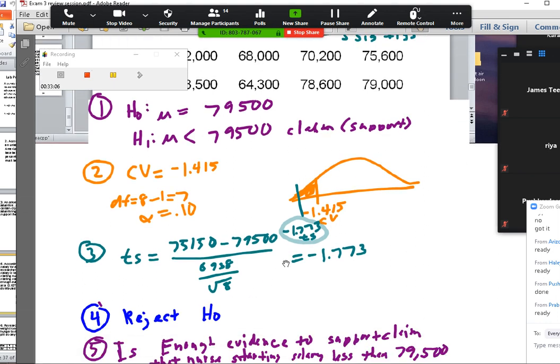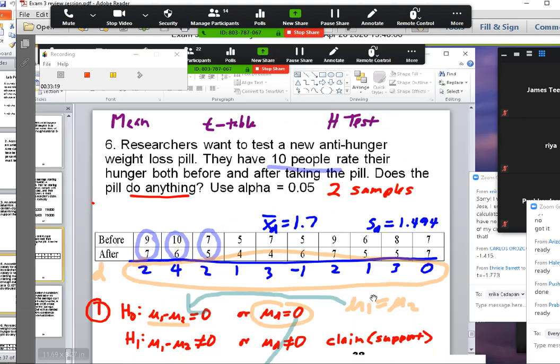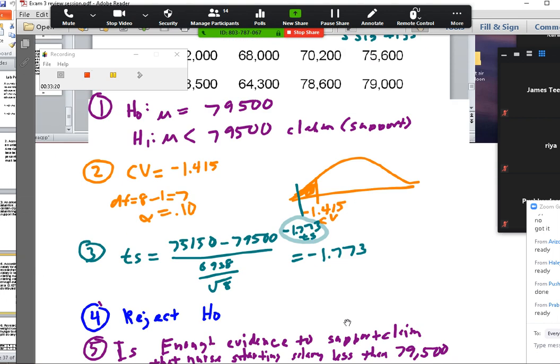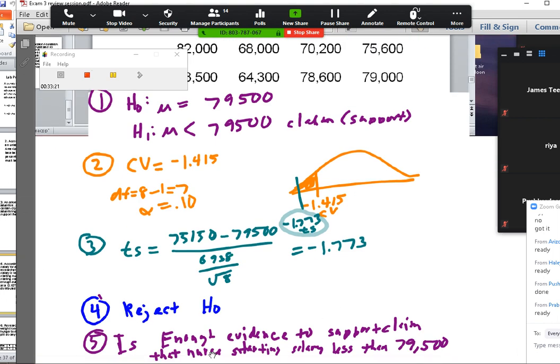But this is clearly in the guilty region. We do have enough evidence, so we're going to reject H naught. So we do have enough evidence to support the claim that nurses' starting salaries are less than 79,500. Questions on this one?